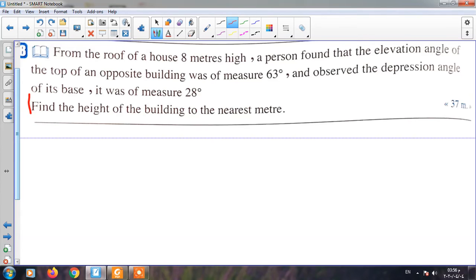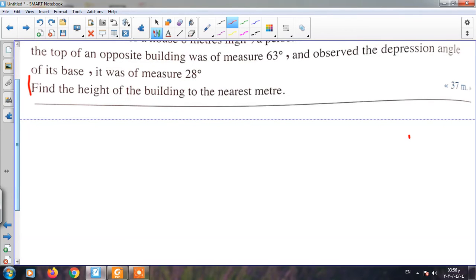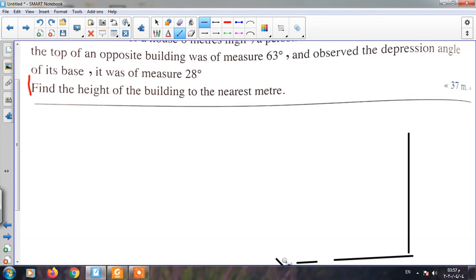So if this is the building, and the building is higher, this is the floor, and this is the house, right?